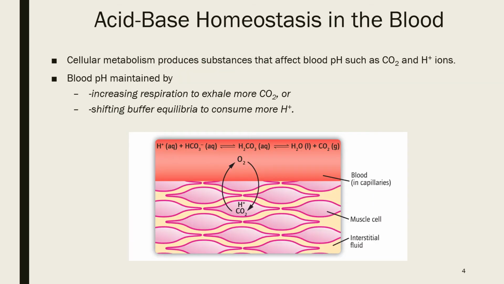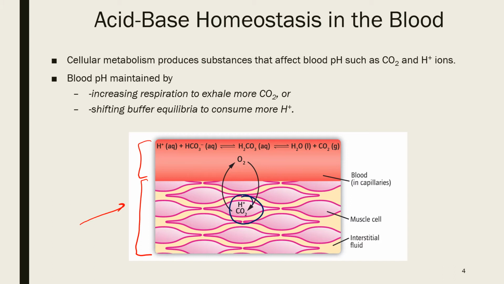As part of normal cellular metabolism, substances that affect blood pH are produced and released into the blood, as shown in this picture. This section represents the muscle tissue, and the top layer represents the blood flowing in capillaries. The key molecules or ions which affect the blood pH are dissolved carbon dioxide and the hydrogen ions.